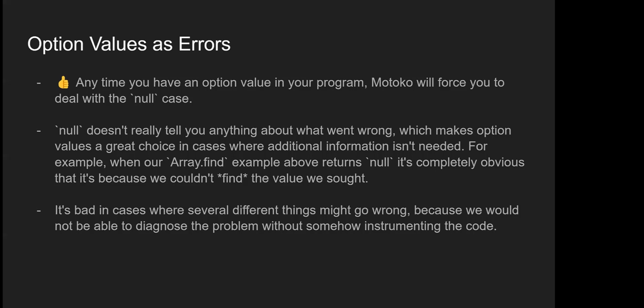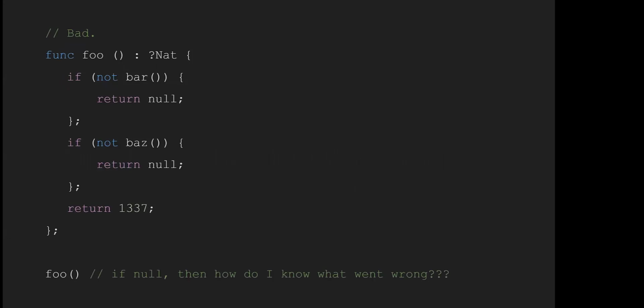But the option value isn't so good in cases where several different things might go wrong, because a null value would then just obscure those different possibilities. So this is a very contrived example of where an option value would be bad. We have a function that returns an optional value of a natural number. And we can see inside the body of the function that we have two different conditionals, two different blocks that could result in a null value.